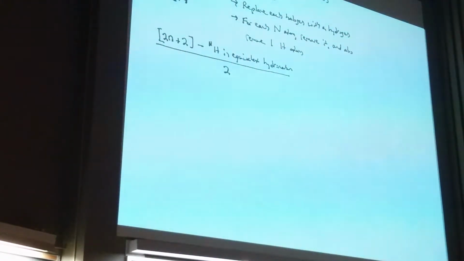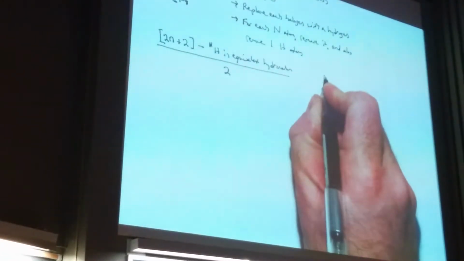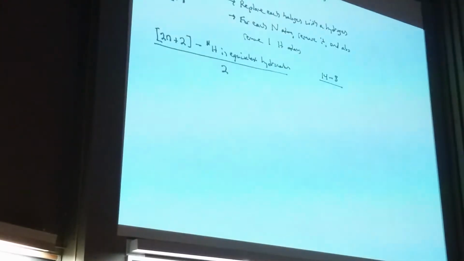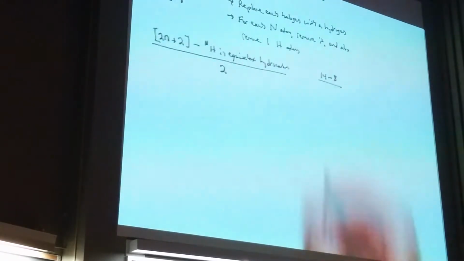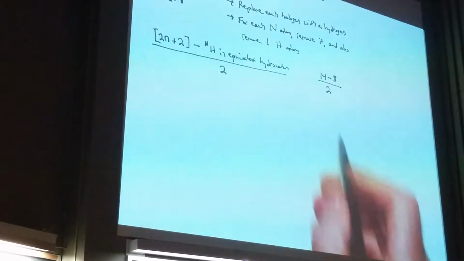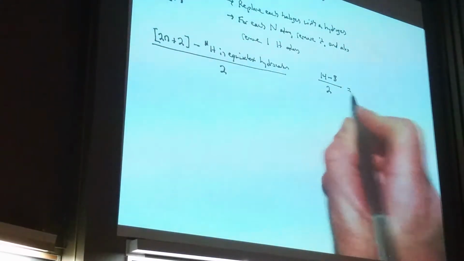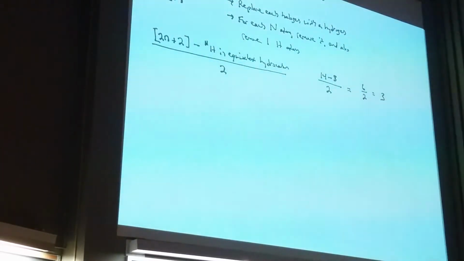What's 2n plus 2 for this molecule? 6 carbons. 14. So we've got to take 14. There are 8 hydrogens present, actual molecule, equivalent hydrocarbon, same thing. That difference is divided by 2. 14 minus 8 is 6 over 2.